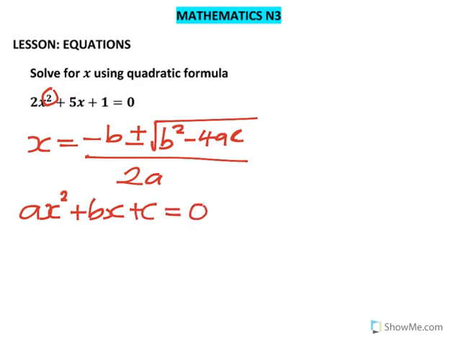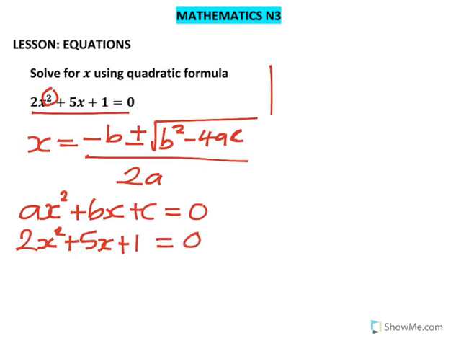So in this case, the a, the b and the c in this equation, they come from that. If I write my original equation, it says 2x squared plus 5x plus 1 is equal to 0. I have to identify my a, my b, and my c, and you need to take the signs.